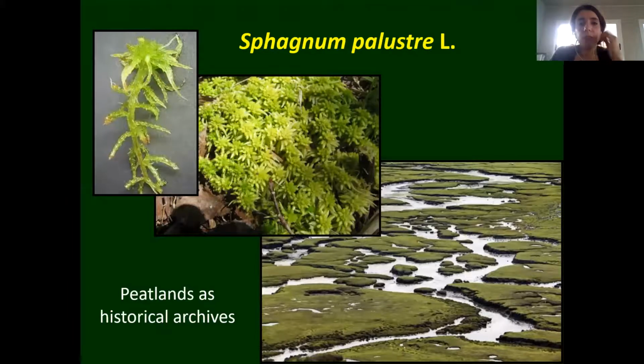And specifically, we studied Sphagnum palustre. Sphagnum in general is an important moss because it is very important for the formation of peatlands. I don't know if you ever heard about peat and peatlands, la torba, I don't know in Spanish, but peatlands are important sinks of carbon. So in the carbon cycling, they are very important for our planet because they can store a huge amount of carbon.